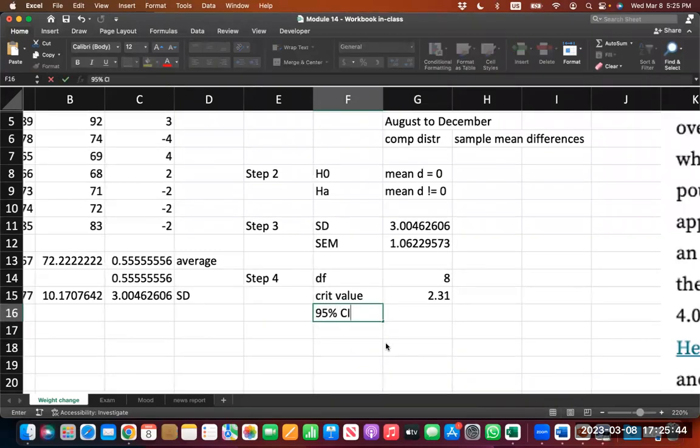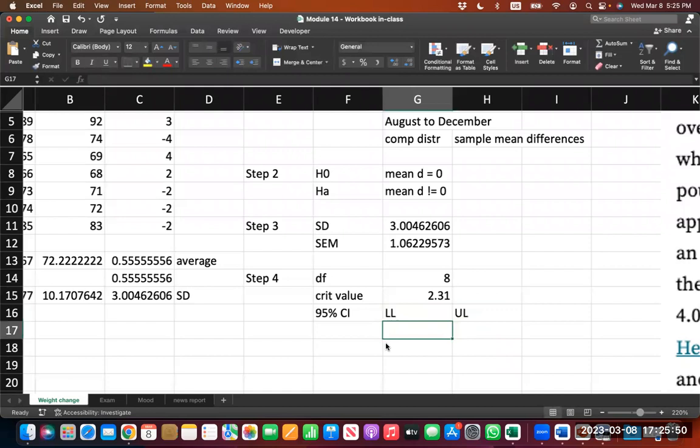Adding this now will allow us, since we can do that already, to also calculate the scores. So if we say 95% confidence interval, we can calculate the lower limit and the upper limit. The 95% confidence interval is calculated as the mean minus the critical value multiplied by the standard error of the mean. So we have our mean of 0.56 minus 2.31 multiplied by the standard error of the mean.